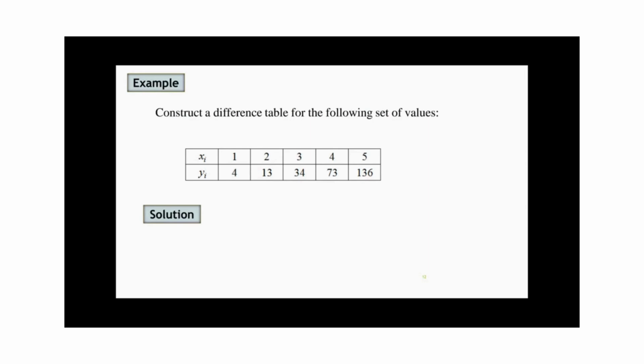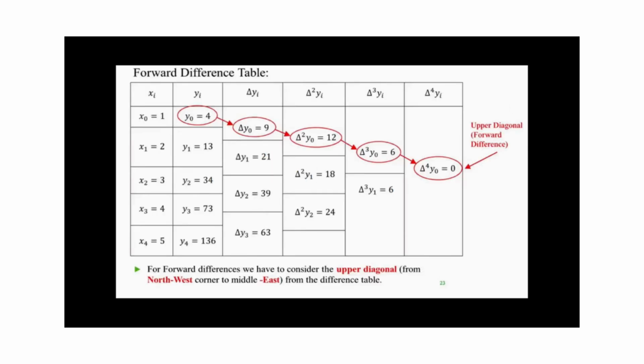Now let us understand how to construct a forward difference table using this example. The given values are x equal to 1, 2, 3, 4, 5 and y equal to 4, 13, 34, 73, 136. Since the x values are equally spaced, we can use the forward difference method.